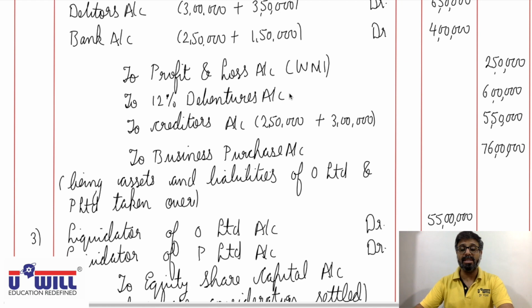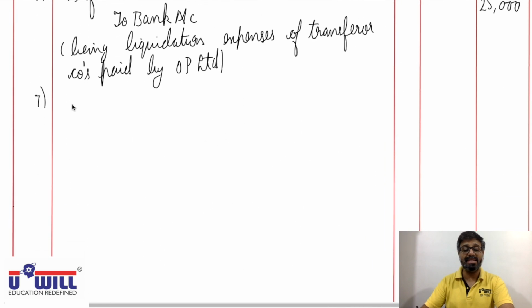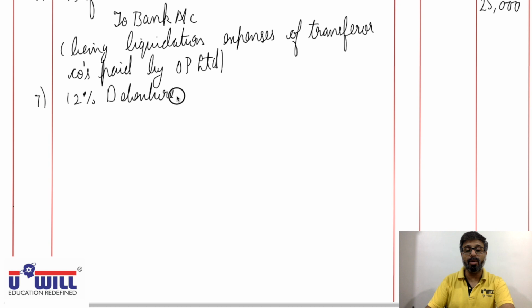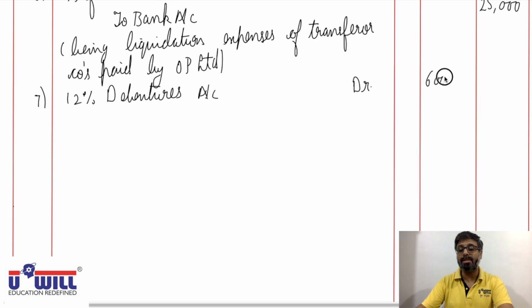So this debentures to debentures means this 12% debentures liability we will have to close because that is settled. So 12% debentures account which we credited in entry number 2, we will close and debit it with full amount of 6 lakh rupees.